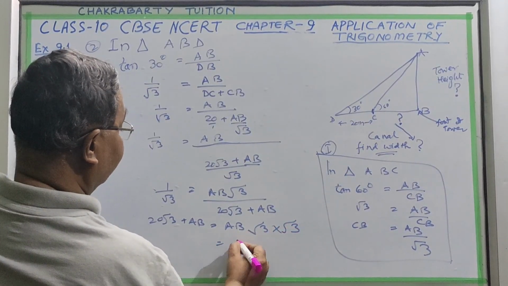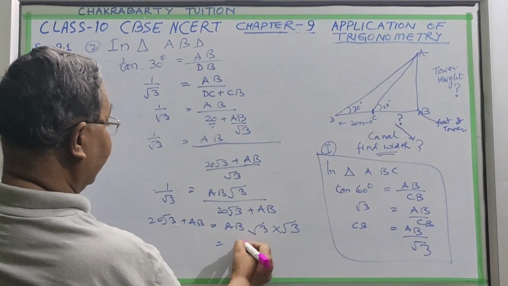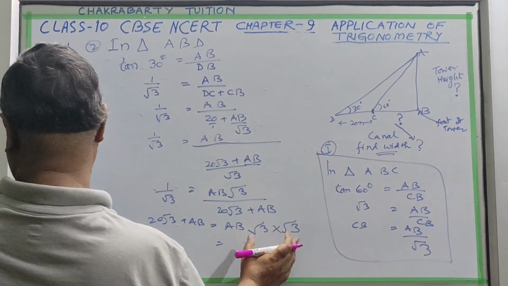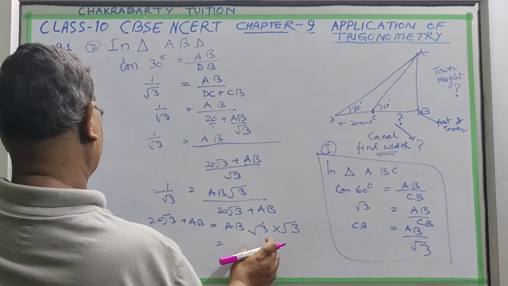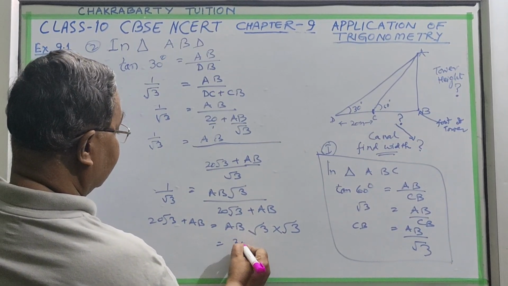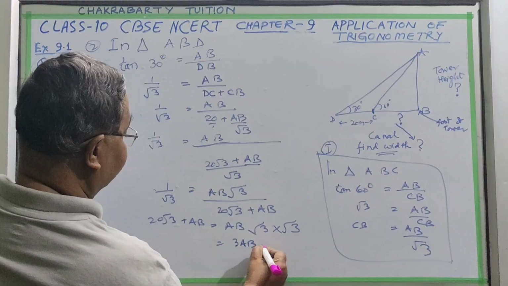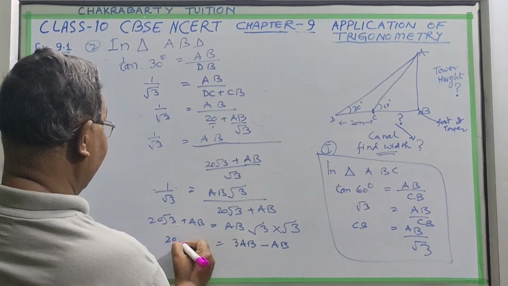So it will become 3, and this will become your 3AB. This we can take to this side as minus AB, and what will remain here? 20 under root 3.